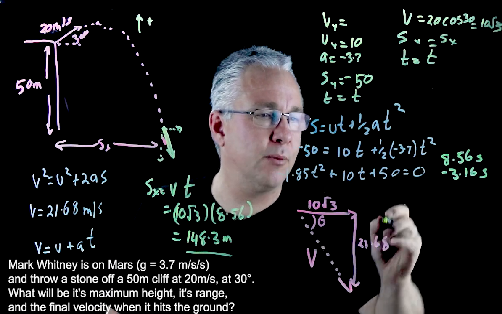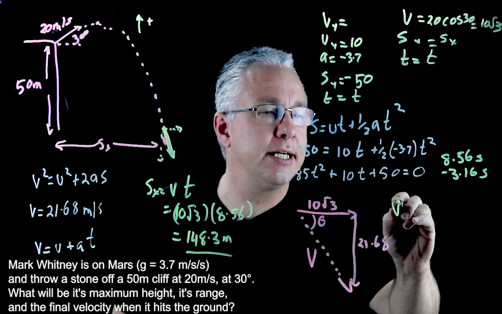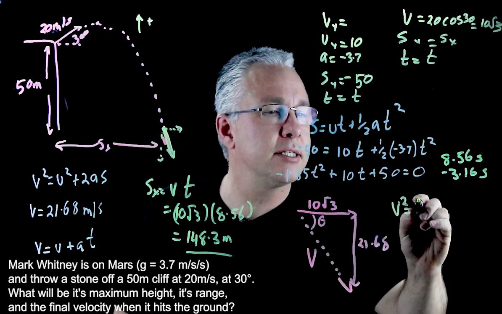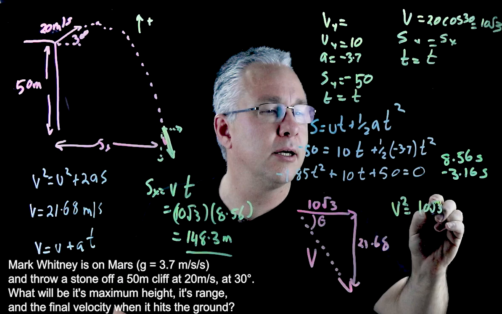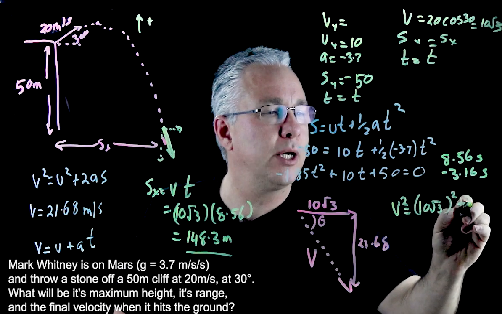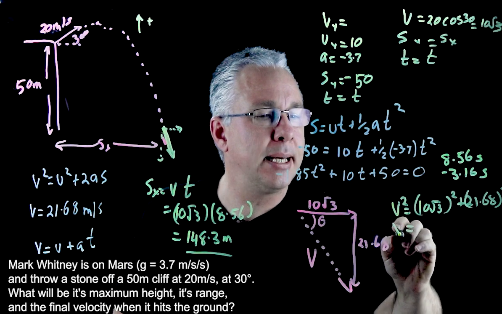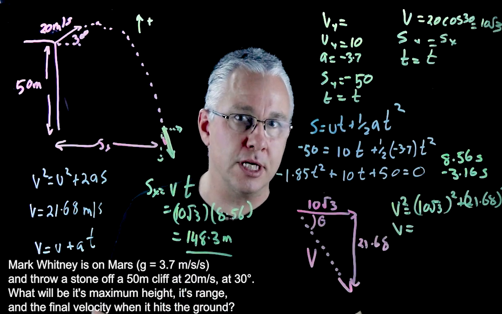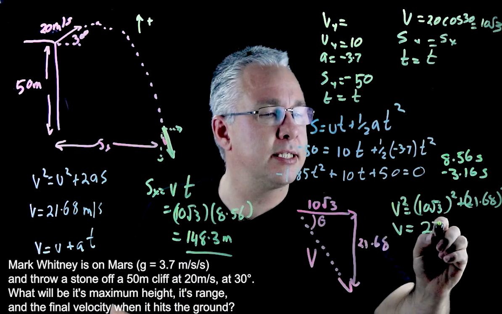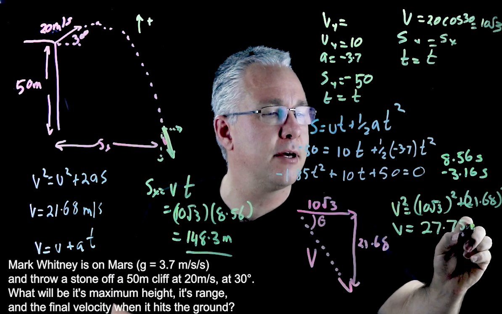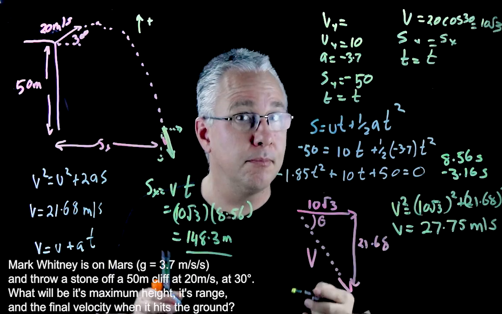So how do I work out v? Well, that's pretty clear. We know that v squared, using Pythagoras, is 10 root 3 all squared plus my 21.68 all squared. Now, that means if you do the calculations, you're going to get a value of 27.75 meters per second, right?